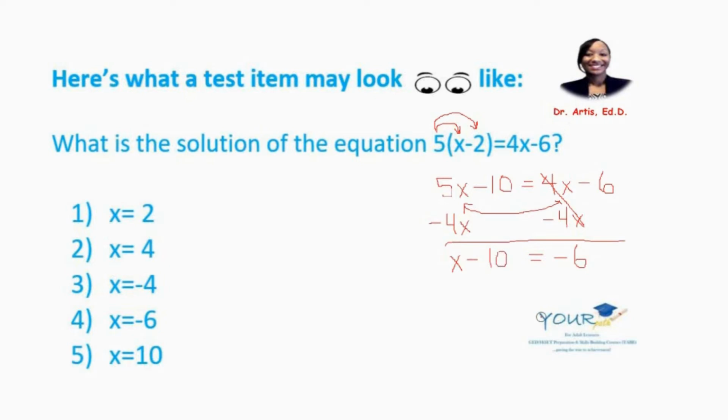So now our next step is to get rid of this negative 10 so that we can isolate the x. So here we're going to do that by adding 10 on both sides of your equation.